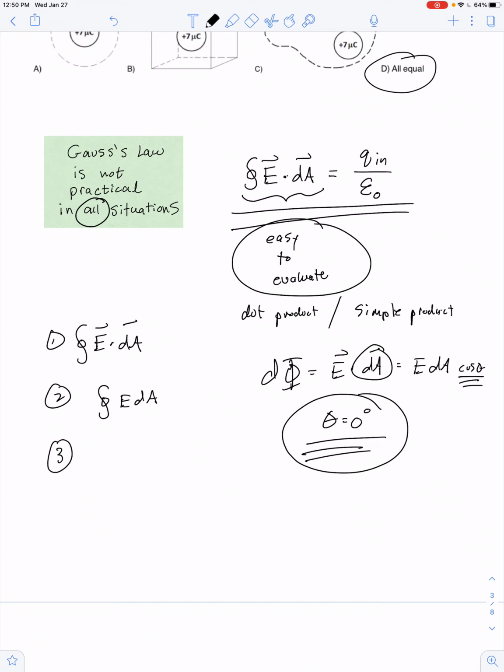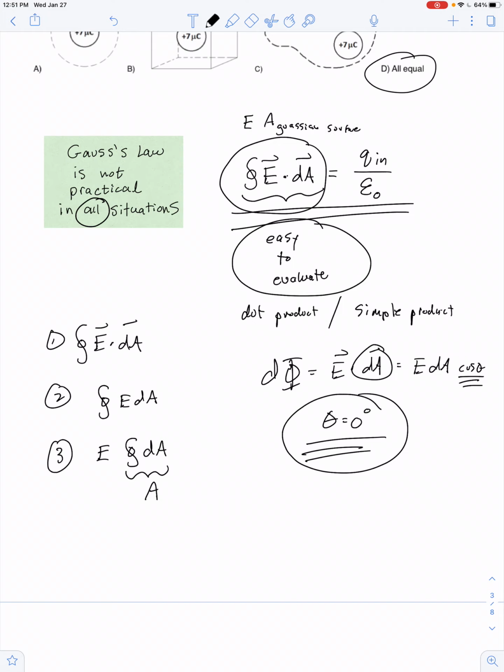In step number 3, we'd like to be able to take the E out of the integral sign. Well, if that's the case, this is always a simple integral to evaluate. The total surface area of an enclosed surface is just equal to total area, A. And so what happens if we find situations where we make it practical, then the left side of the equation for Gauss's law just says the electric field multiplied by the area of our Gaussian surface, right?